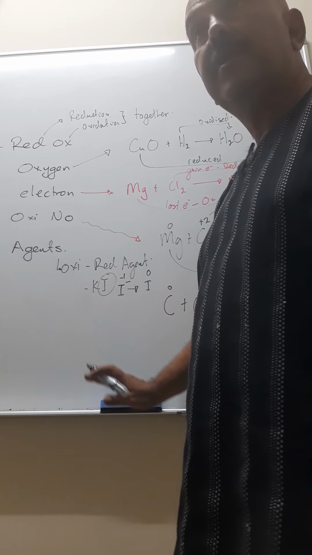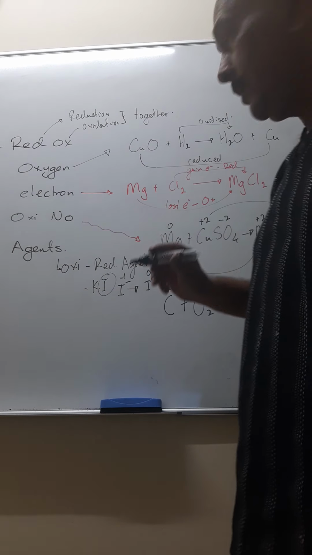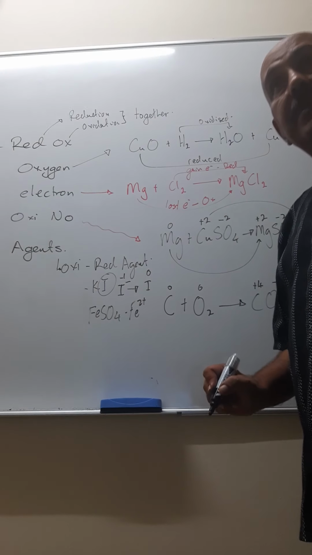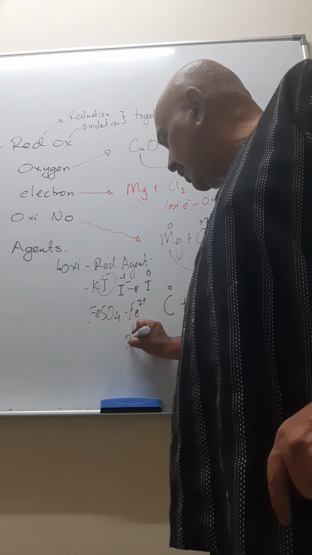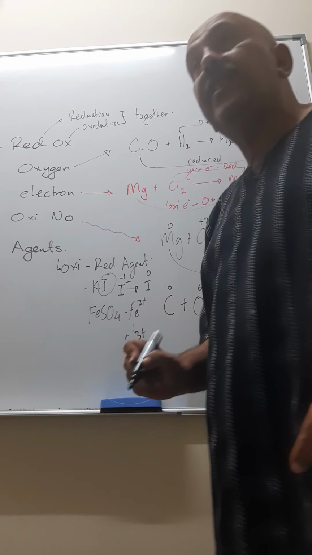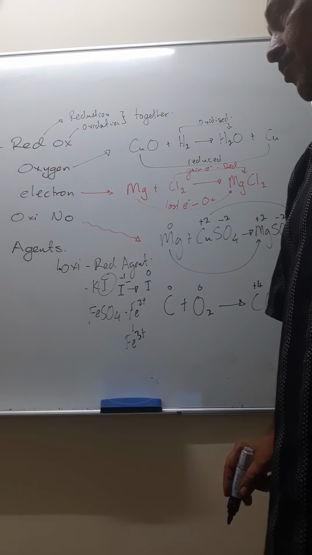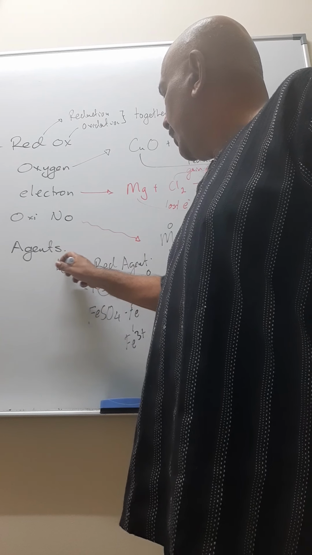K won't change, because K is group 1. Group 1 are always plus 1. And the other one is FeSO4, where Fe2+, which is what color? Fe2+ is green. And it changes into Fe3+, which is brownish red. There you go. That will be a visual. Your reducing agent.